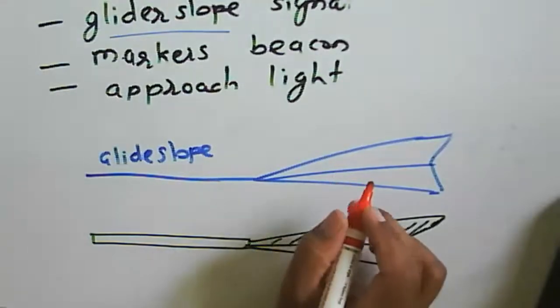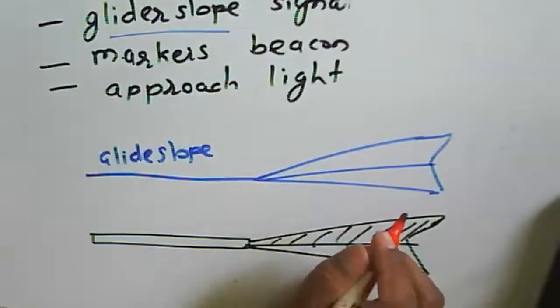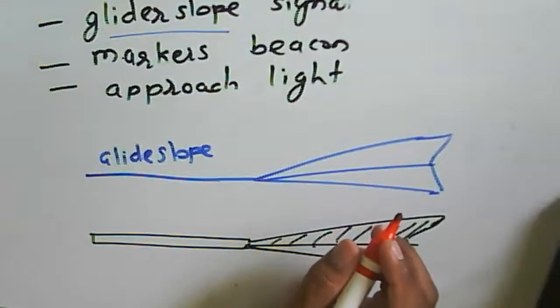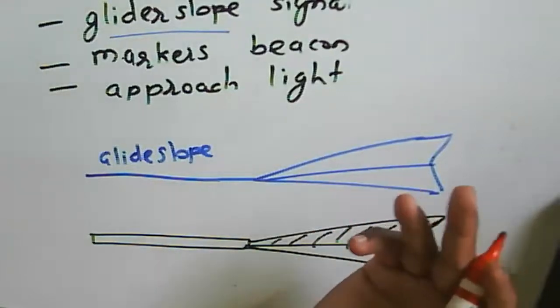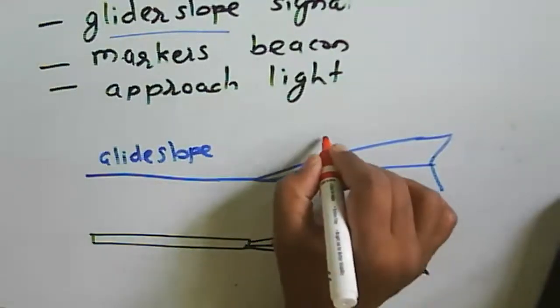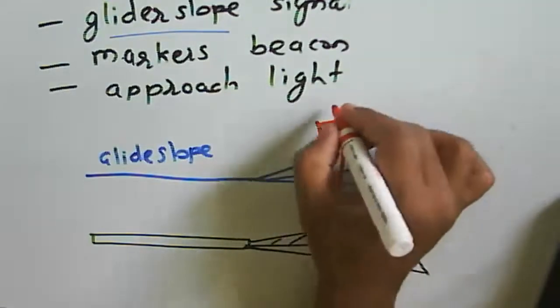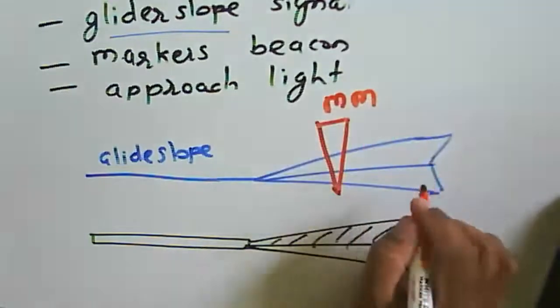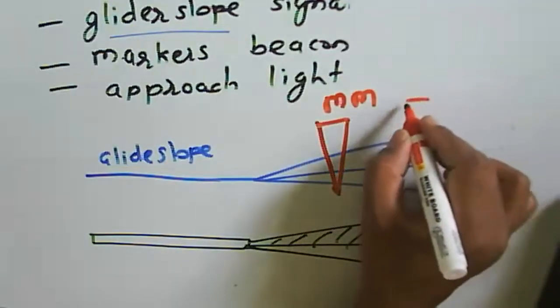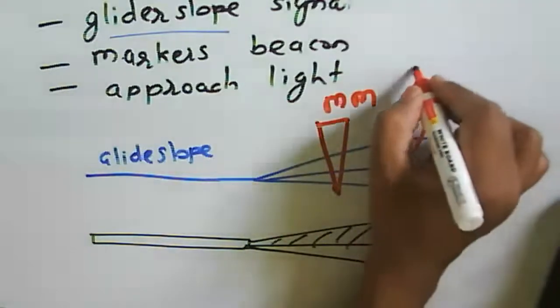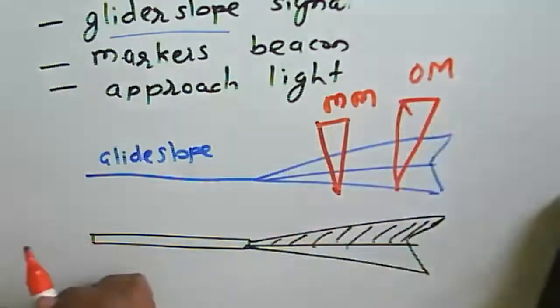There are the marker beams, and we have the outer marker. There will be a marker here, which we can call the middle marker, and then another marker here, which is called the outer marker.